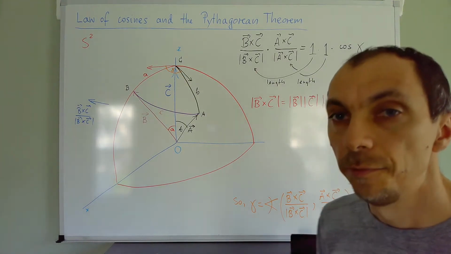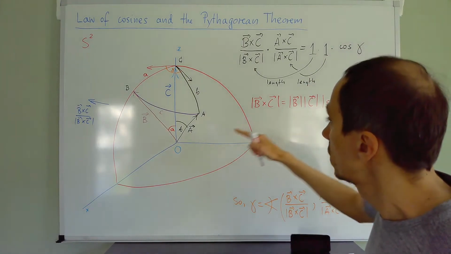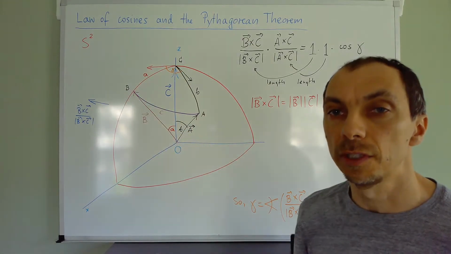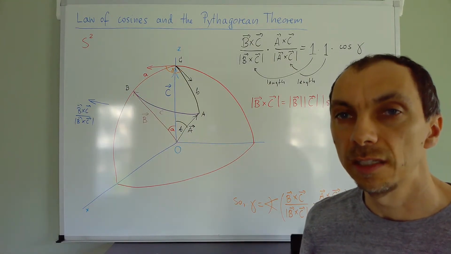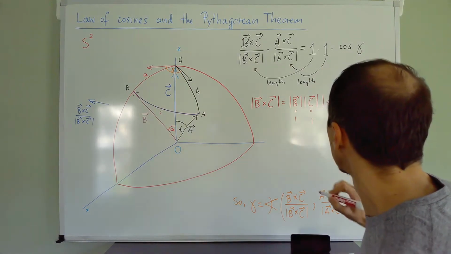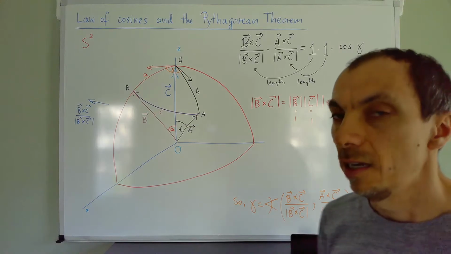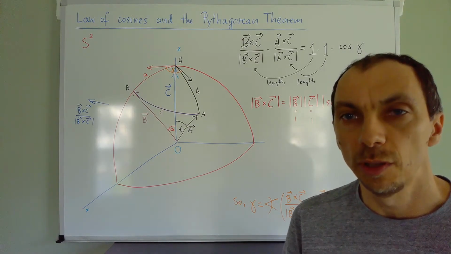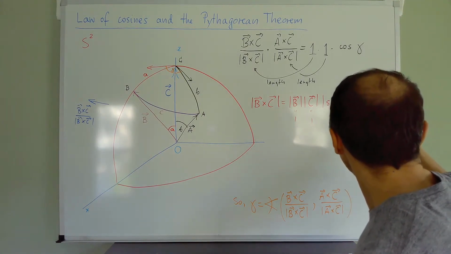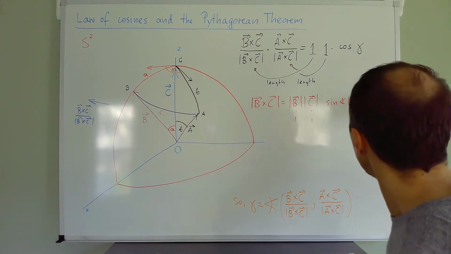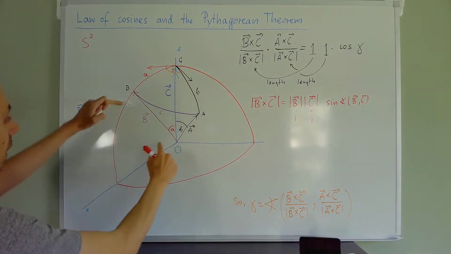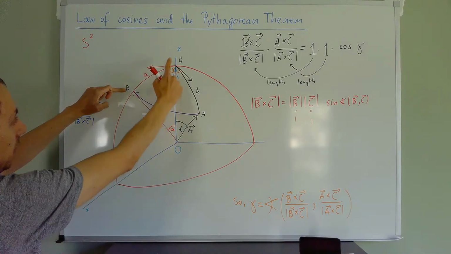A few simplifications here. What's B? That's the vector from the center of the sphere to the surface of the sphere, so its length is the same as the radius, which is 1. And so is this. Now all my angles are between 0 and 180, so sine is already positive there, and I can forget about the absolute values. So what is the sine of the angle between B and C? What's the angle here?